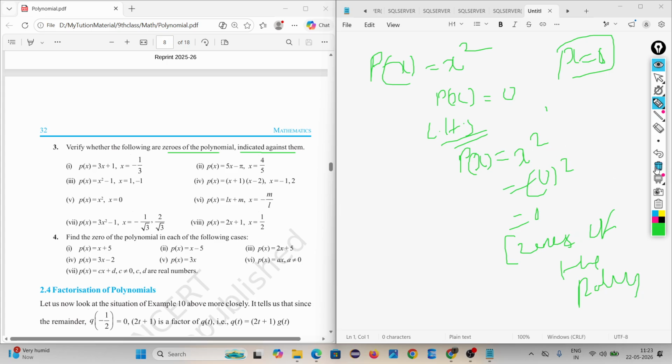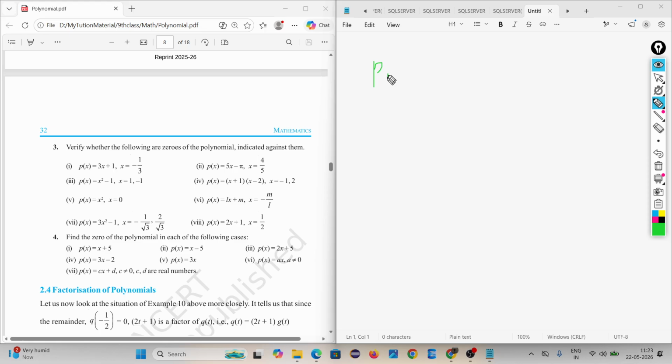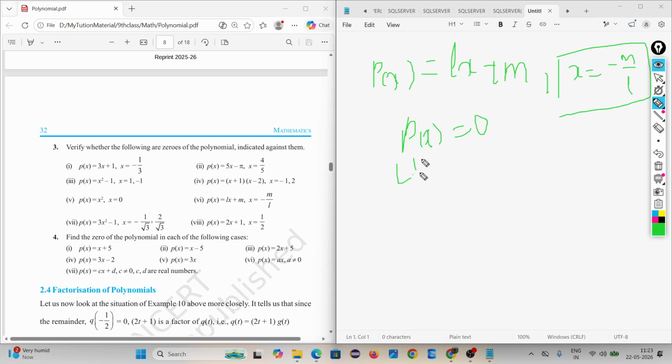Come to the next question. P of x equal to Lx plus m. The zero of the polynomial is x equal to minus m upon L. Check. P of x should equal 0, that is the meaning of a zero of the polynomial. Then take LHS: P of x equal to Lx plus m.